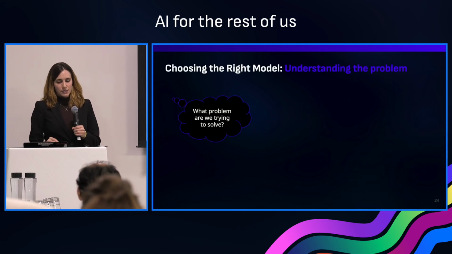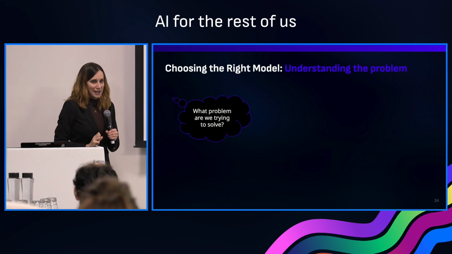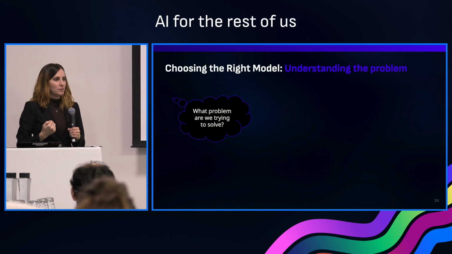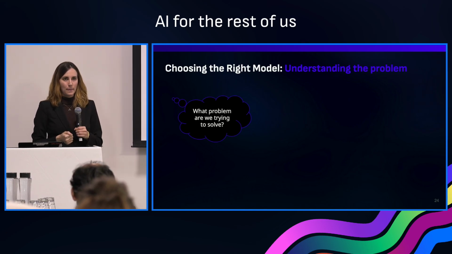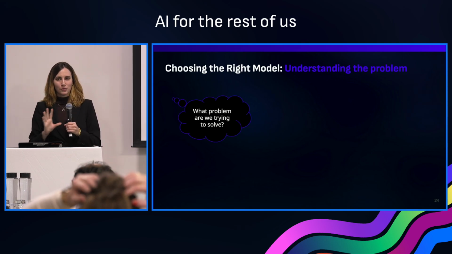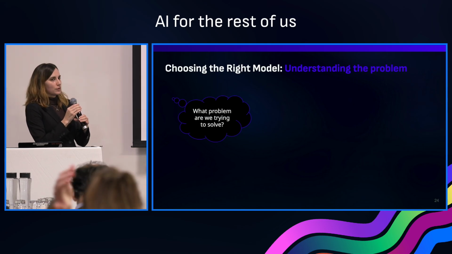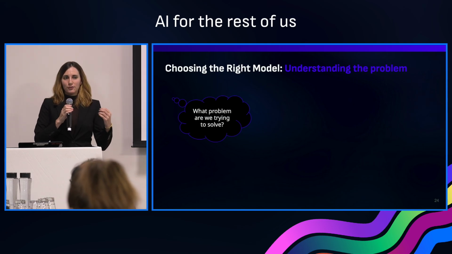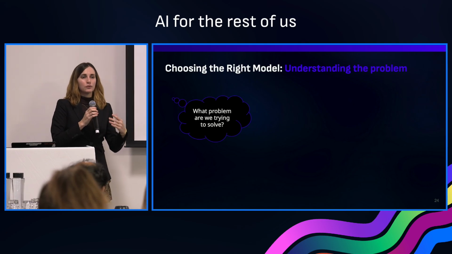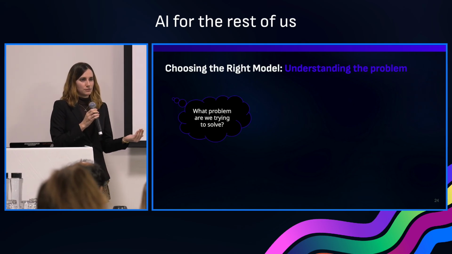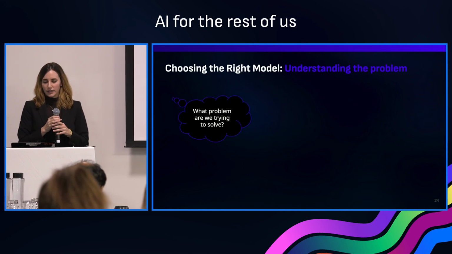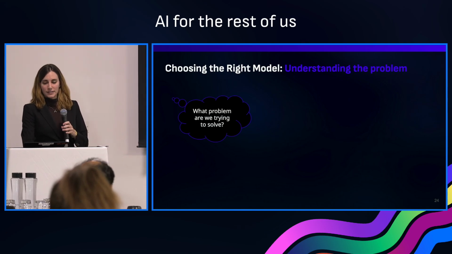So one of those questions, and the most important I might add, is what problem are we actually trying to solve? And this is defining your business problem. Most of you will be very familiar with this, right? But this will already tell you, or probably tell you, if an LLM is actually the right choice for this. So you have to clearly define the business problem.